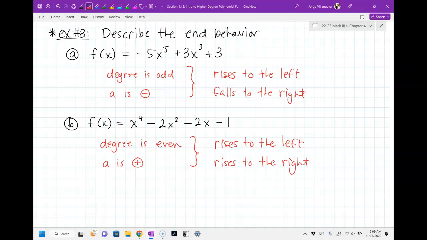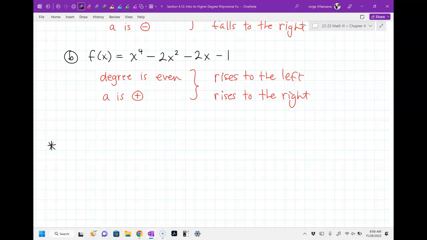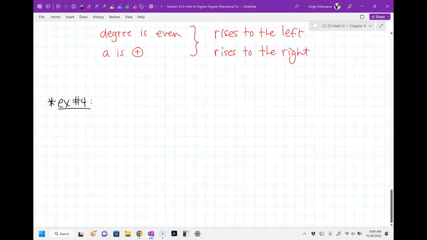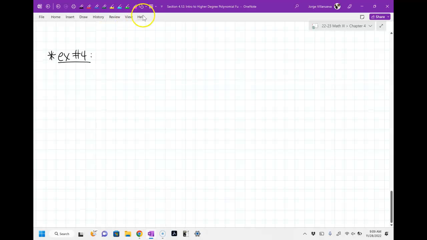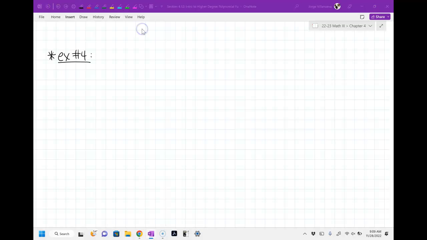So the last two problems, let me bring them in because I got to actually import these things. But let me put right here example number 4. All right, and let me import the picture. So let me do this really quick. Insert a picture.